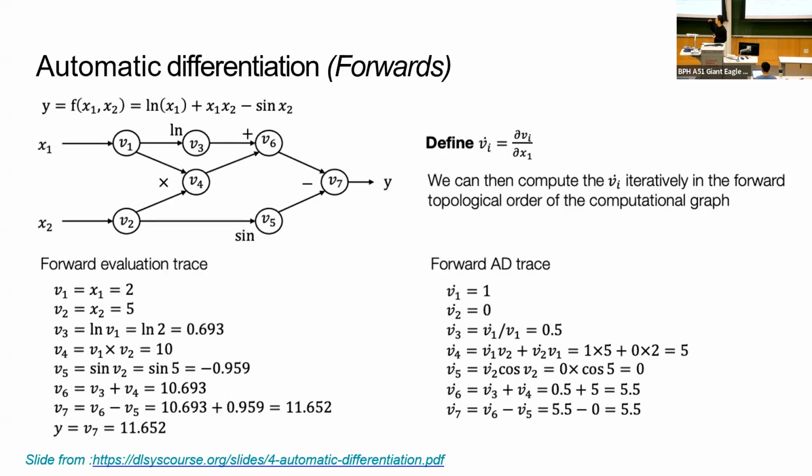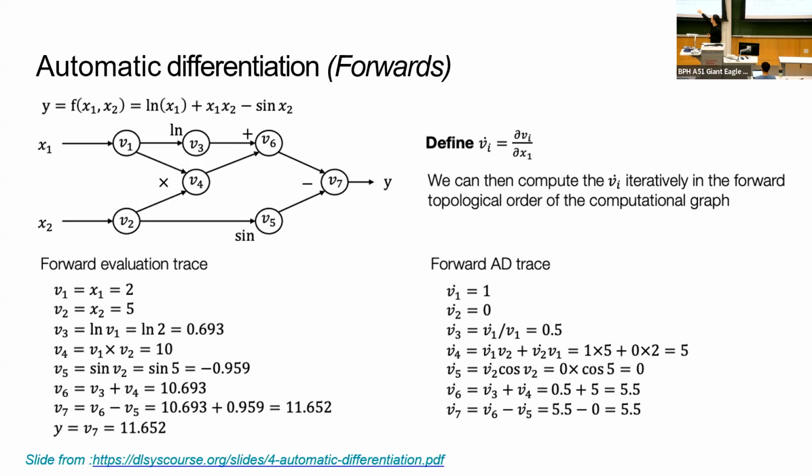Also, a very intuitive way to do this is to compute from left to right. Let's imagine that you have x1 and x2 as your input values, and y as your output value. Then you compute the partial derivative of y with respect to x1. You have the partial derivative of x1 with respect to x1 itself, which is 1, and then x2 with respect to x1, which is 0.